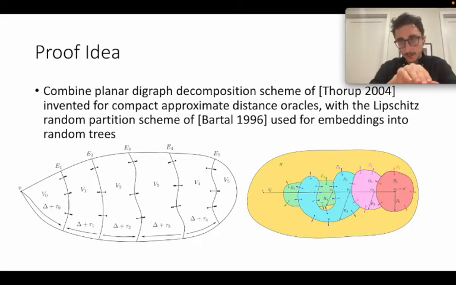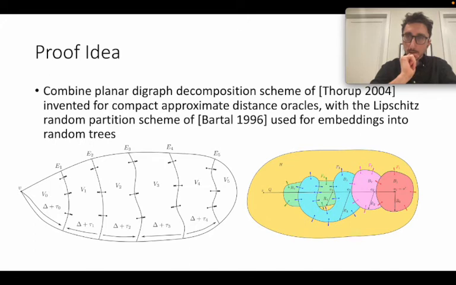You can find balance separators that consist of a constant number of shortest paths. So this is nice now because in order to reduce the problem further, it is enough to be able to somehow remove these path separators. This allows us to do divide and conquer on each slice.